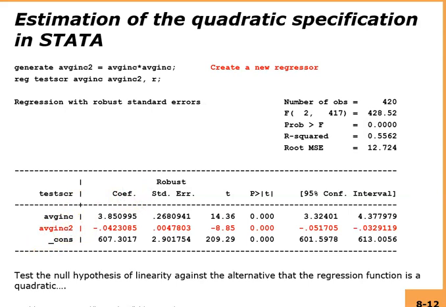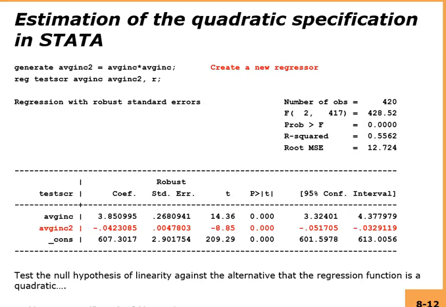The way to find out what level of polynomial you should add in your regression equation is to keep on adding polynomials of higher and higher order. For example, if you saw that the coefficient of AVGINC2 is highly significant, you can try to add AVGINC3, which will be the cube of AVGINC, and see if the coefficient for that is also highly significant.